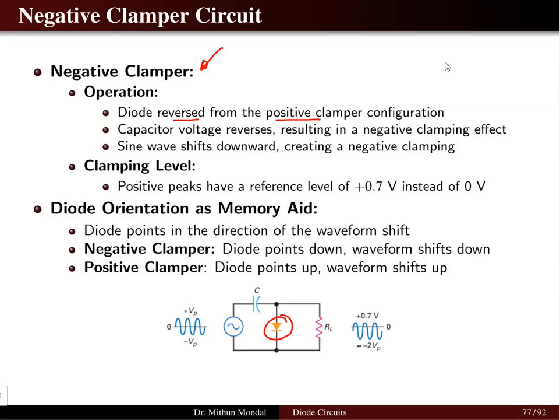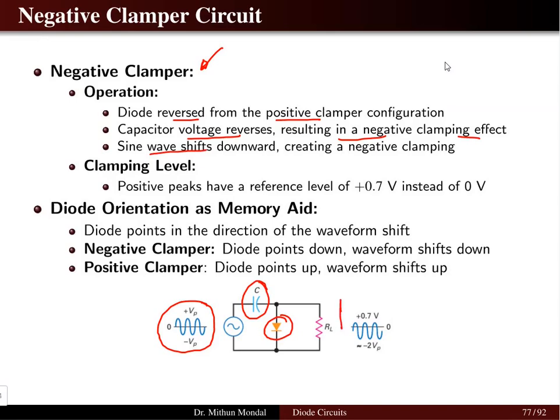Here the direction of the diode is shifting downward. The capacitor voltage will be reversed, resulting in a negative clamping effect. The input signal we have given is basically an AC signal of plus Vp, and the diode is having a direction in the downward direction. So the sine wave will be shifting downward.